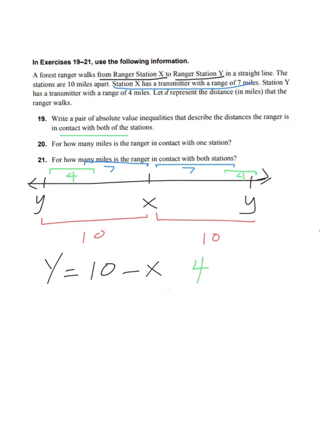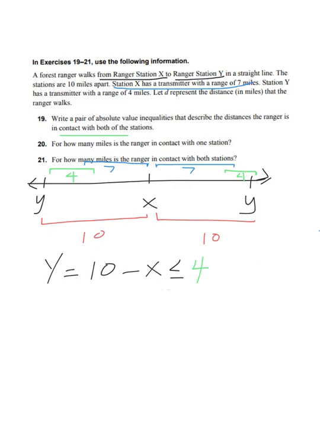So if I can only contact them up to 4 miles from the station, my distance has to be less than or equal to 4, because then that means the distance I have to walk will have to be 4 or less miles toward the station I want to be at. In this case, I want to be at station Y. So if I'm right here or if I'm right here, then that's when I can actually communicate with station Y and tell them that I'm on my way.